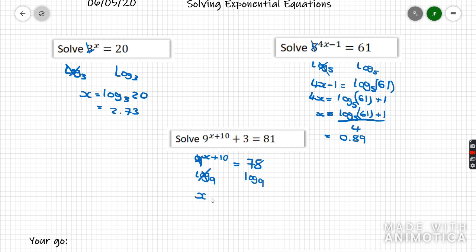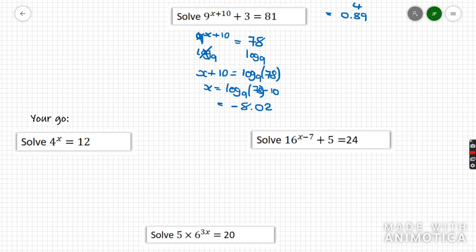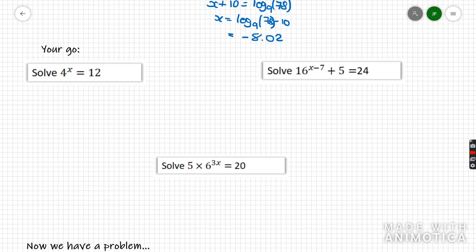Counteracts my 9 there, so I'll have x plus 10 is log base 9 of 78. So x will be log base 9 of 78 minus 10. So that would be minus 8.02. Okay, nice and simple, guys. Just make sure you use the correct log base to counterbalance whatever the base of your power is. Okay, so quick pause, have a go at those 3, and we will then have a look at them.